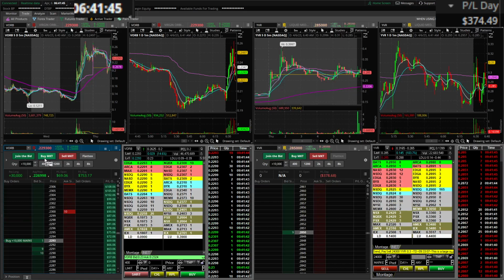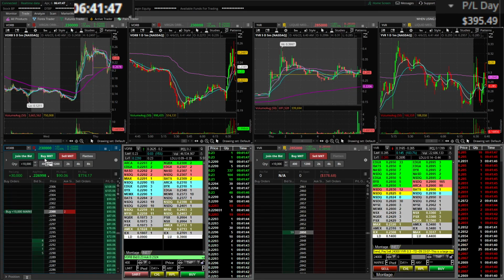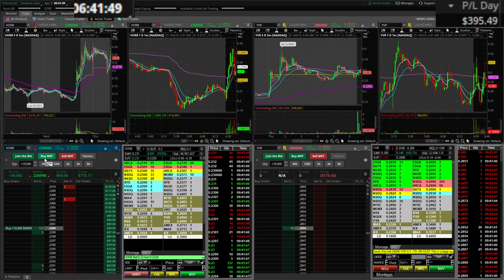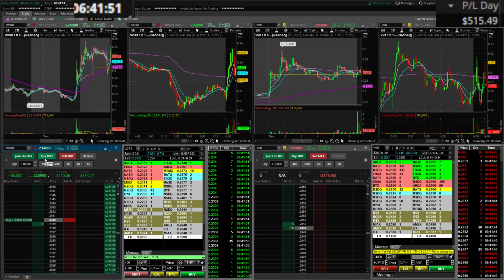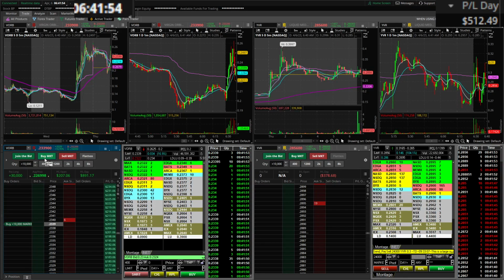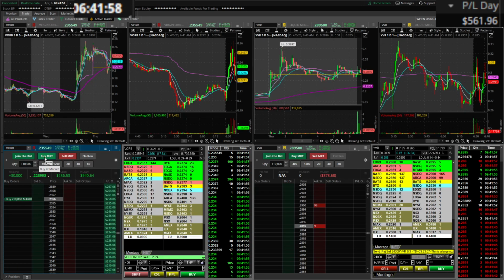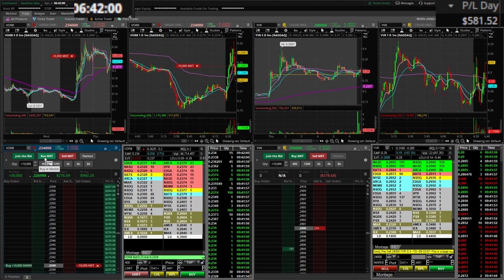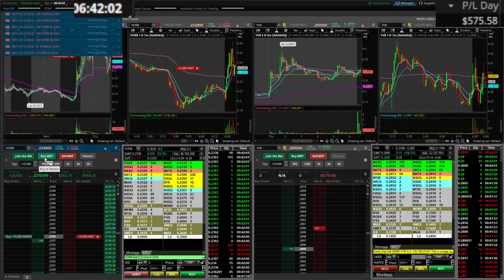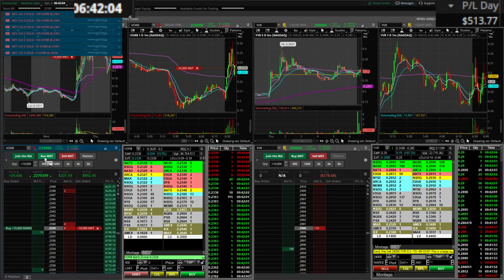Seems like it wants to hold 23 at the moment. There we go, watching 23.50 break. This candle's about to close. There's 23.70, 23.60. Took some off at 23.60.